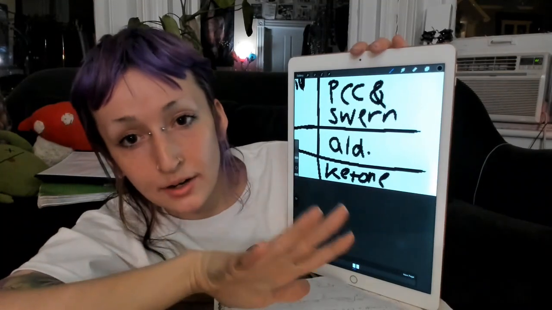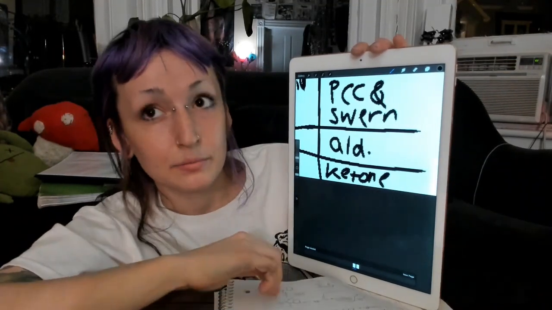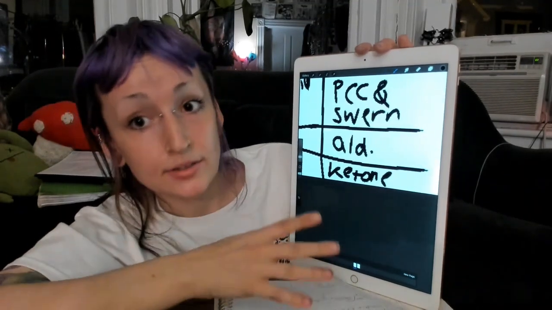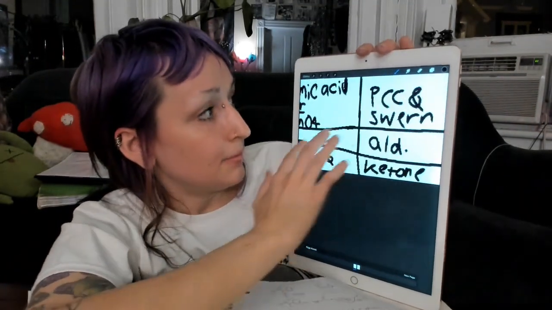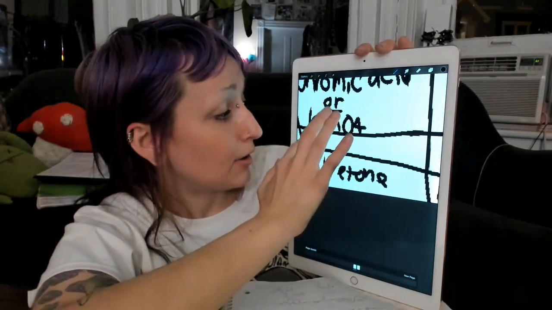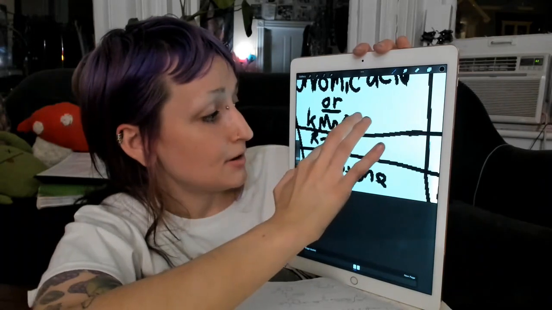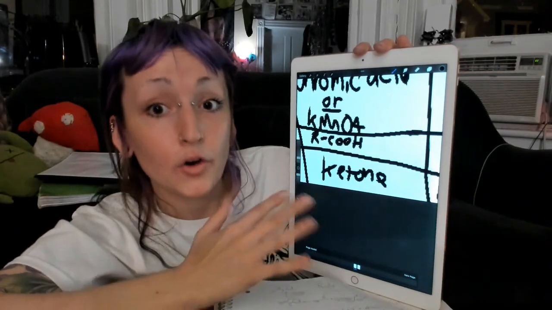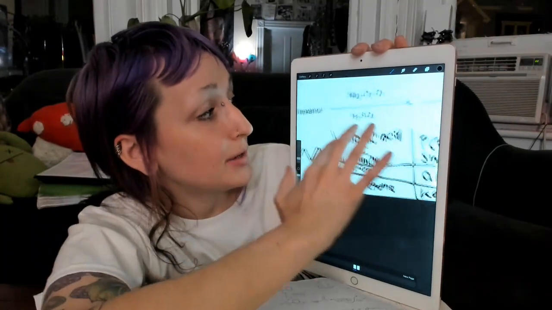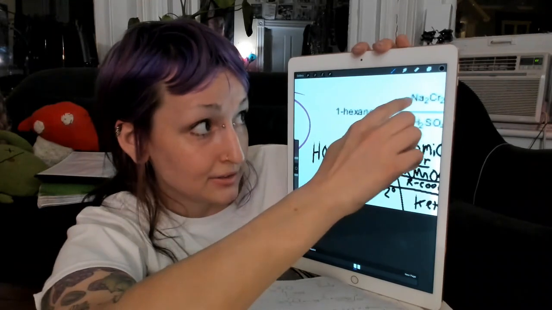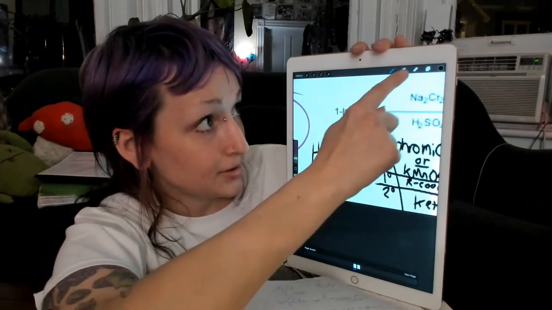PCC has 3 letters. Aldehyde, shortened to ald, has 3 letters. Those guys go together. But if it was chromic acid or KMnO4, you got RCOOH, which I hope you recognize as a carboxylic acid.